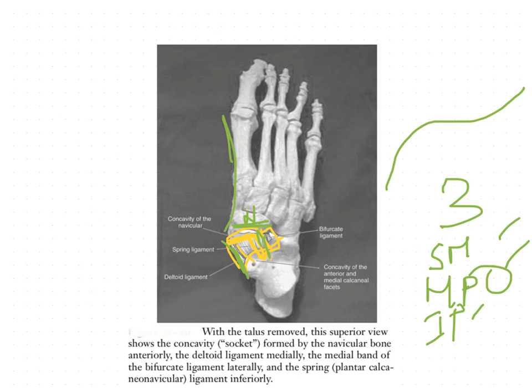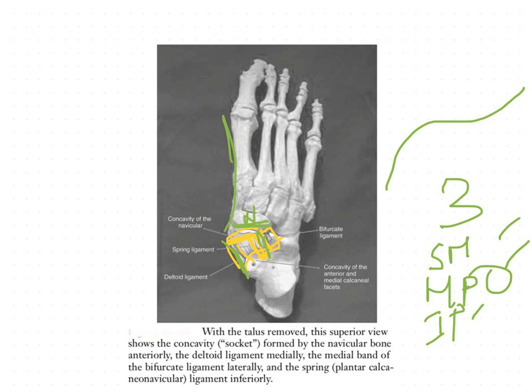Along with these two, the talonavicular joint also gets support from the dorsal talonavicular ligament and the subtalar joint ligaments like the medial collateral ligament, lateral collateral ligament, the inferior extensor retinacular structures, and the cervical and interosseous talocalcaneal ligaments.